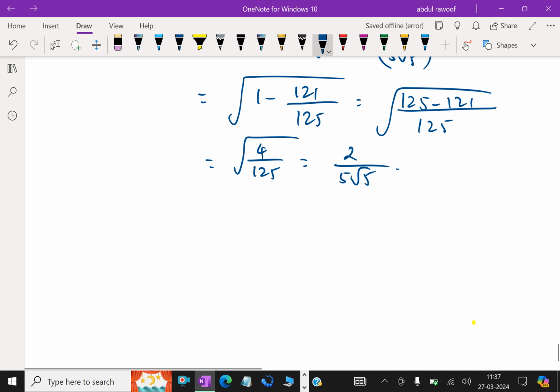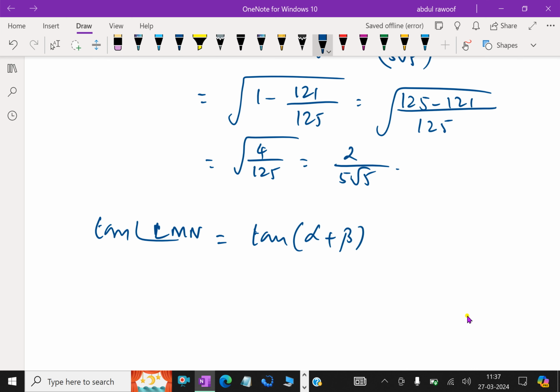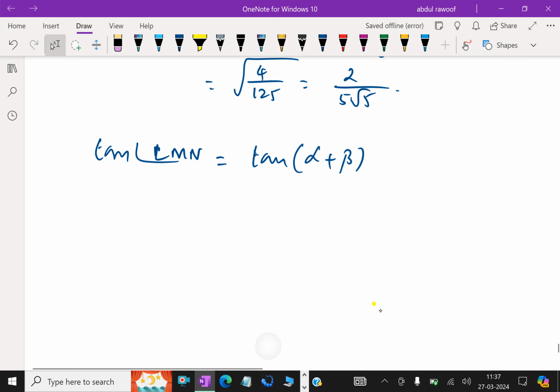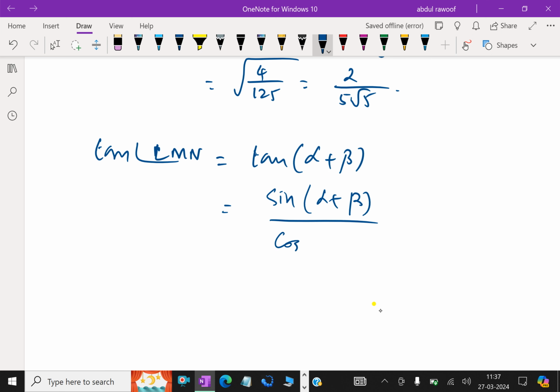Now we have to find tan of LMN, which equals tan of alpha plus beta, equal to sine of alpha plus beta over cos of alpha plus beta.